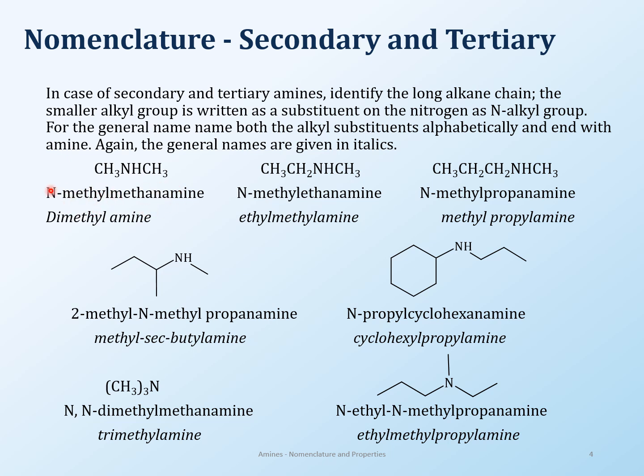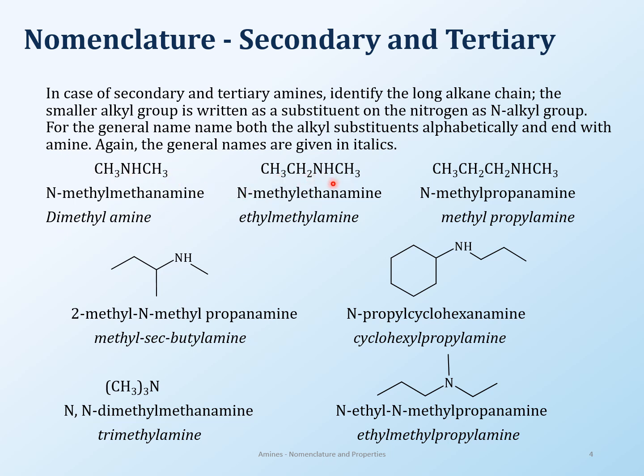So one group becomes a substituent, the other is the base. And the base name or the long chain is going to be the longest number of carbons that you have. Now the easy one is the general name, which is dimethylamine, dimethyl and then amine, okay?